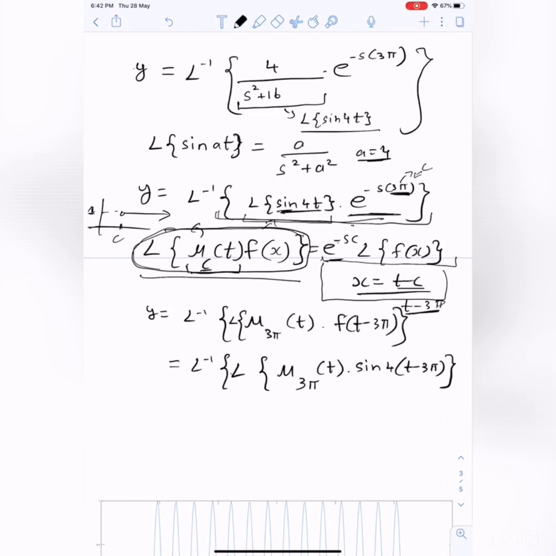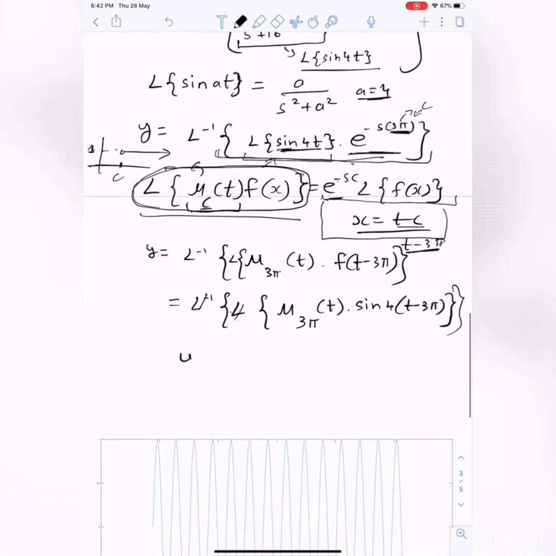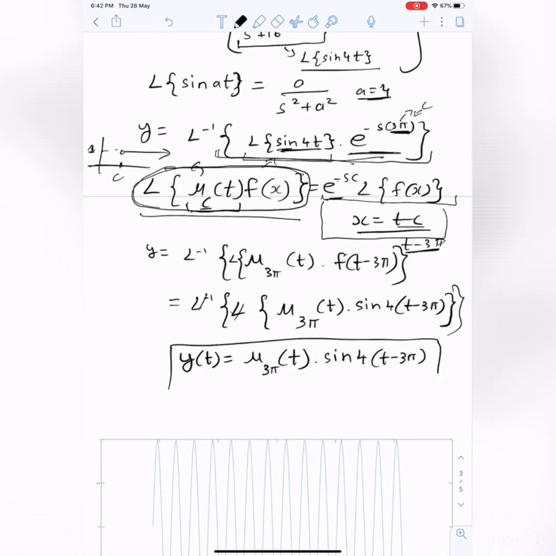Okay, so this Laplace and this Laplace inverse can cancel out. So our y of t is equal to mu subscript 3 pi of t sine of 4 into t minus 3 pi. So this would be our equation of motion. From this we can figure it out.